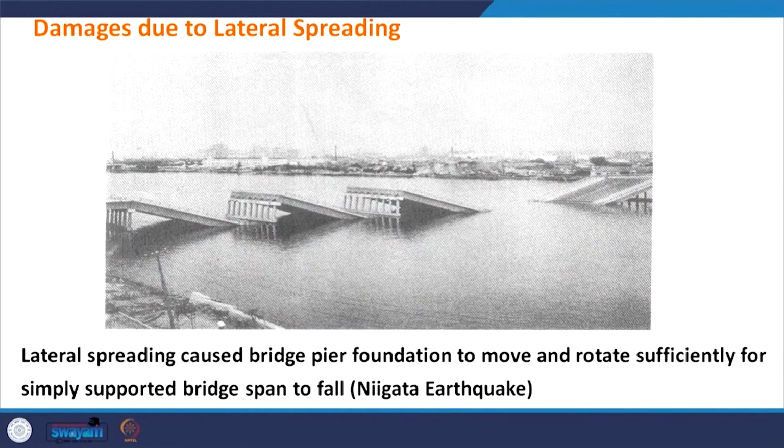What happens is that the bridge pier foundation moved and rotated in such a way that the simply supported span fell. So, ultimately you can say this bridge collapsed. That is why this is another example suggesting it is very important, whether you design a building or a bridge, to design the foundations so that they are safe during earthquakes.